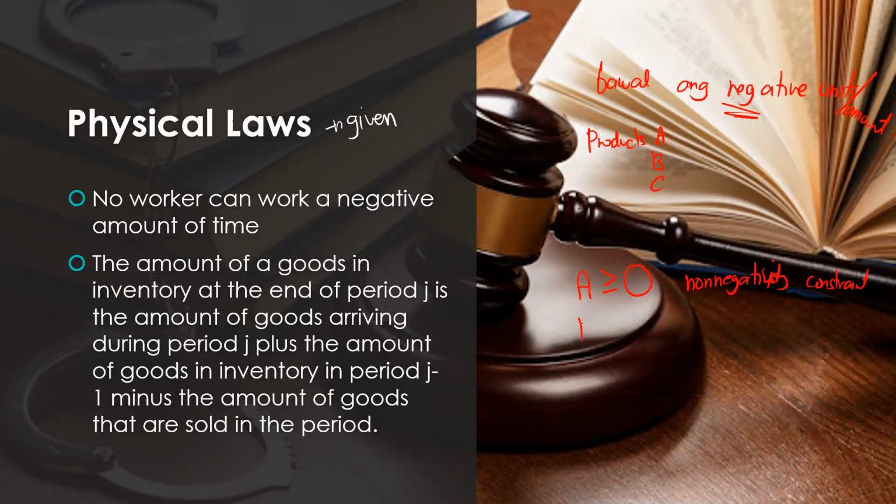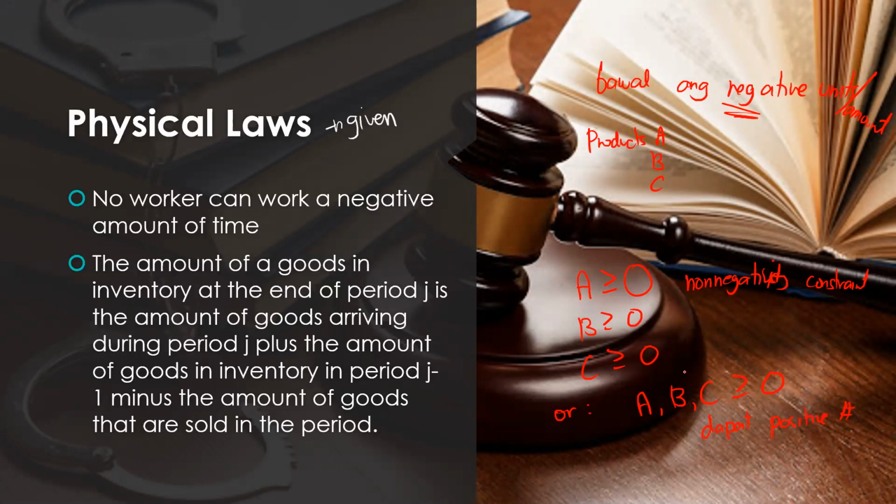Okay, another one is B greater than or equal to 0. Same din. Or C greater than or equal to 0. Malinaw? Or pwede na natin siyang mailagay na A, B, C greater than or equal to 0. Ibig sabihin, lahat ng ito ay dapat positive number.